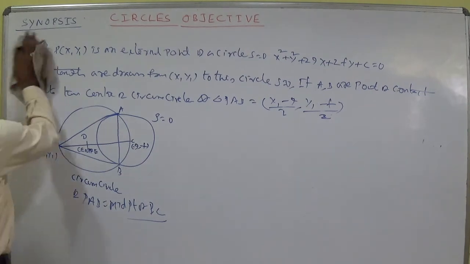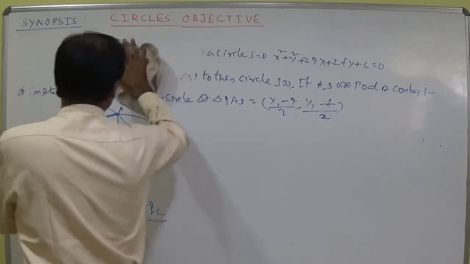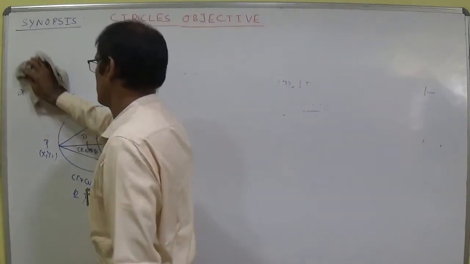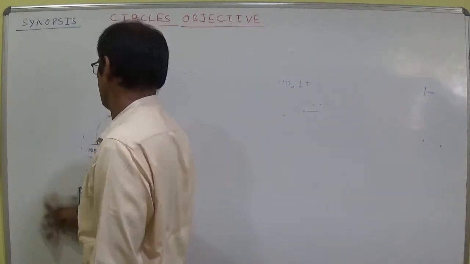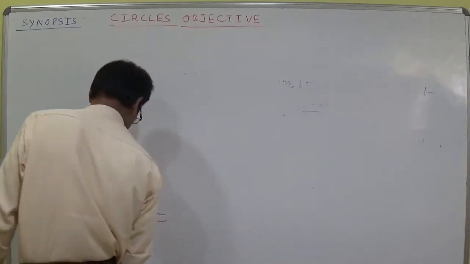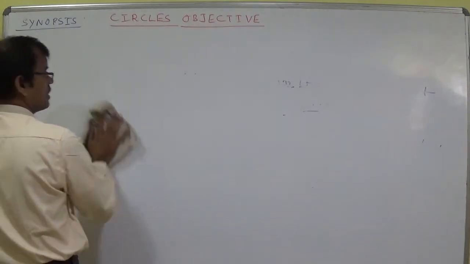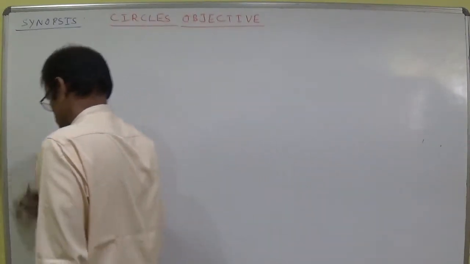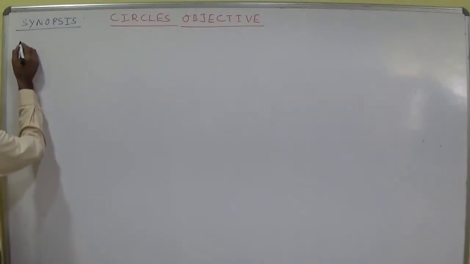Okay, now let us discuss the equation of a circle depending upon the length of the chord and the angle theta made at the center, having a midpoint. Fifth one completed, I think.